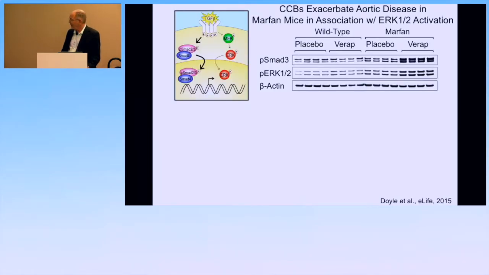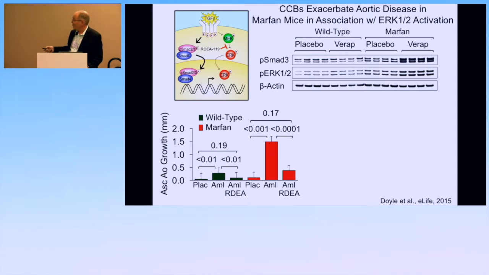Now, contrary to prediction, we found that calcium channel blockers were accentuating the abnormal canonical and non-canonical signaling events in the Marfan mice. We found that if you gave calcium channel blockers plus ERK inhibitor at the same time, you could largely prevent this deleterious gene by environment interaction.